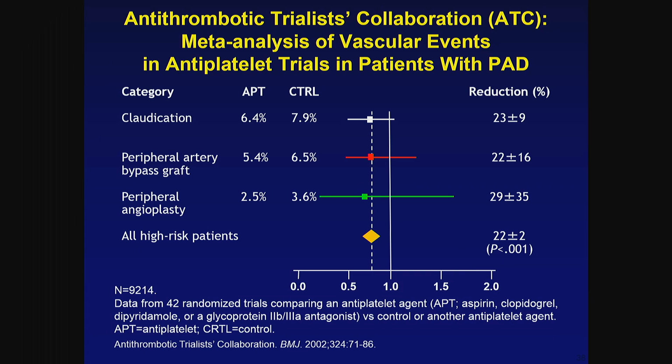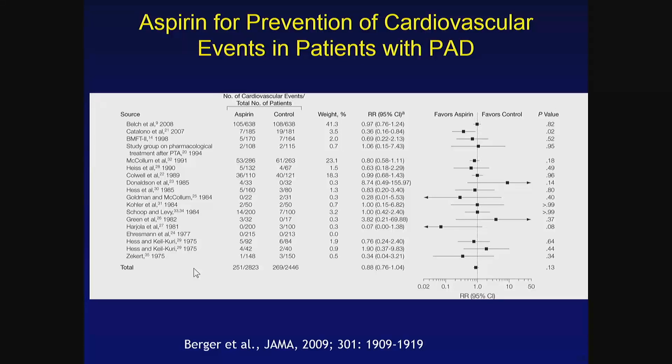This data came from the Antithrombotic Trialists' Collaboration going back 16 years ago now, where multiple meta-analyses have shown the benefit of aspirin in patients who have intermittent claudication, though the benefit here was less robust. Patients who have had peripheral interventions, and all high-risk patients who are either symptomatic or who have had prior revascularization.